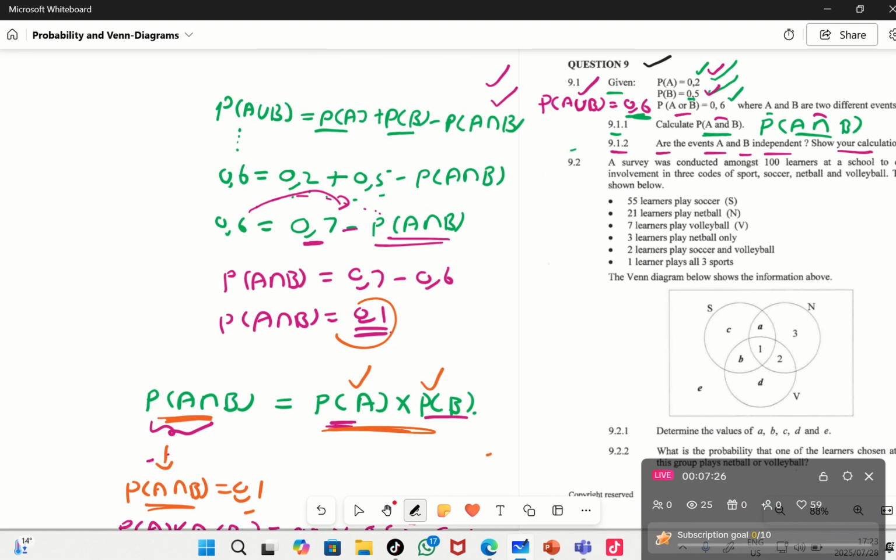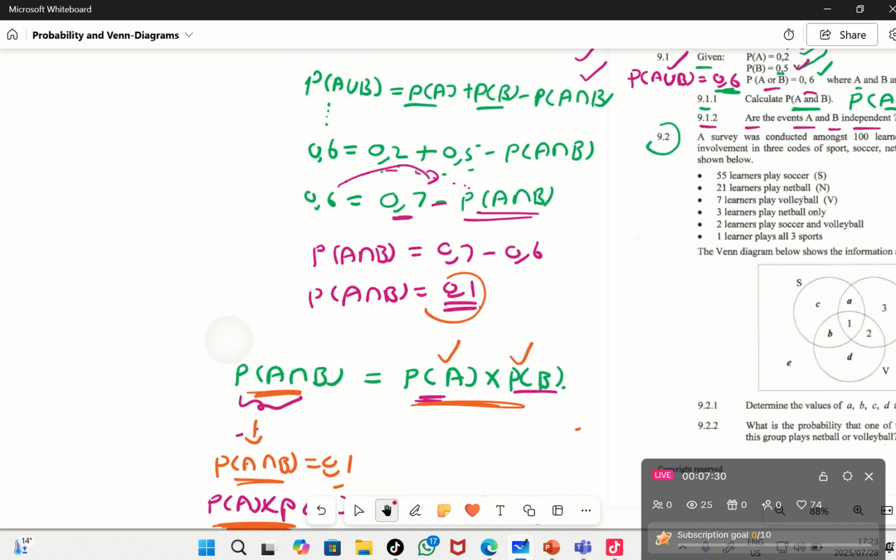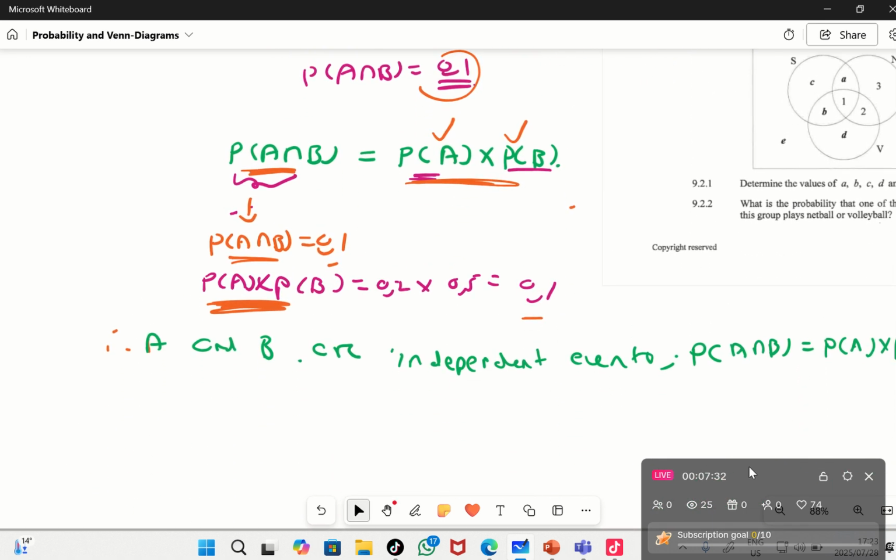Before we move to the next question, 9.2, I also want to touch on something. If a question asks you whether or not two events are mutually exclusive, what would you do?